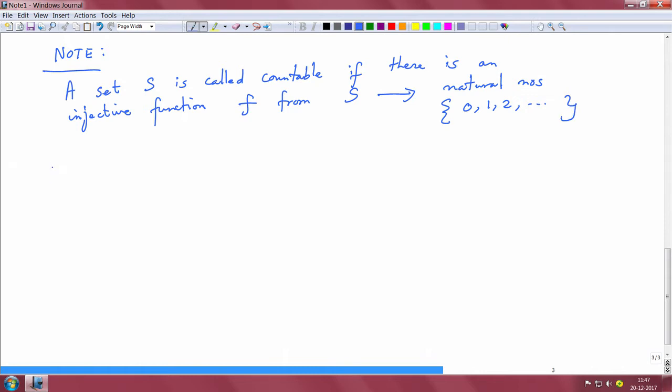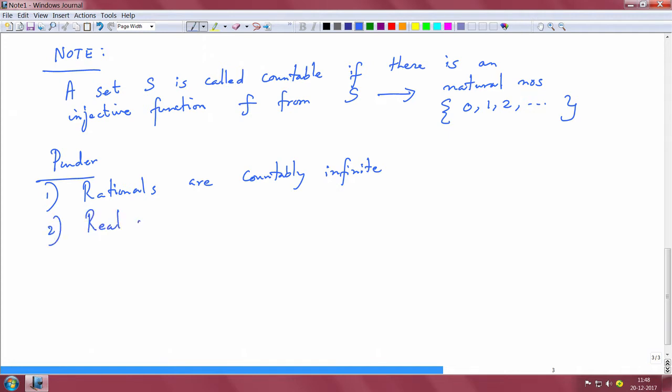So, I think you have to ponder some things here. The set of rational numbers are countably infinite, whereas the set of real numbers are uncountably infinite.